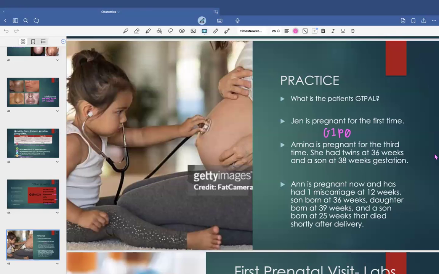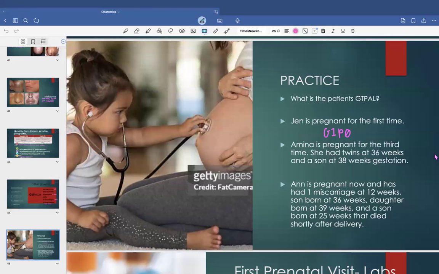All right, let's try this. Pregnant now, one miscarriage at 12 weeks, son born at 36 weeks, daughter born at 39 weeks, son born at 25 weeks that died shortly after birth.